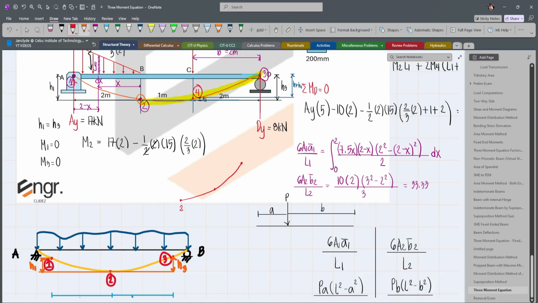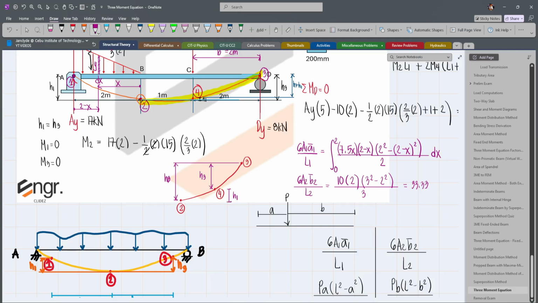Ito yung 0.2, this is 0.4, ito naman yung 0.3. Then we know this value, from 0.2 to 0.3, the vertical distance is equal to h sub b, yung nasolve natin kanina. Ayan. Then from 0.4 naman, going to 0.3, this is the value of h sub 3. Then from 0.2 to 0.4, this is the value of h sub 1.